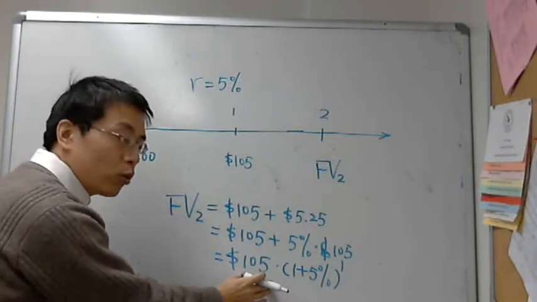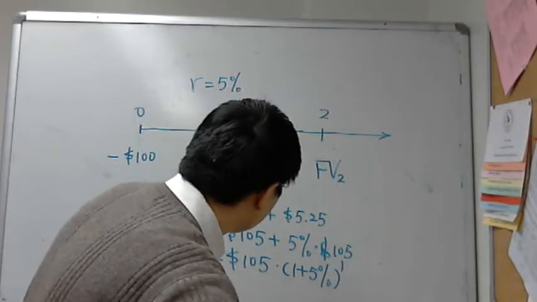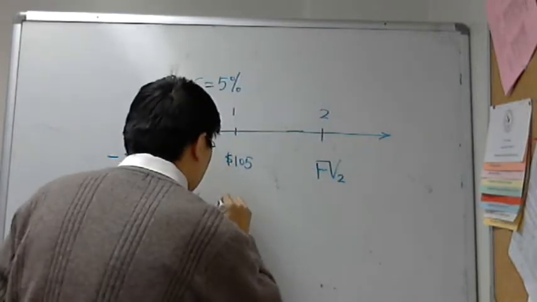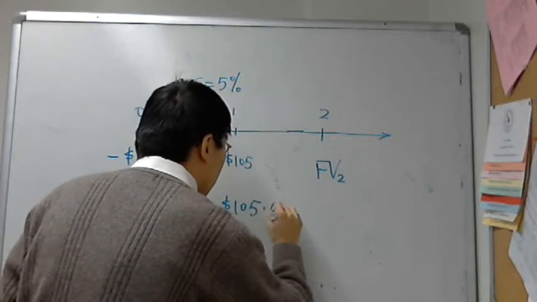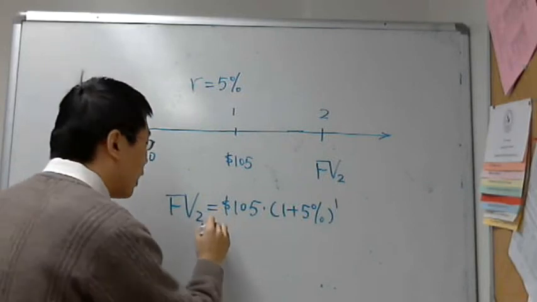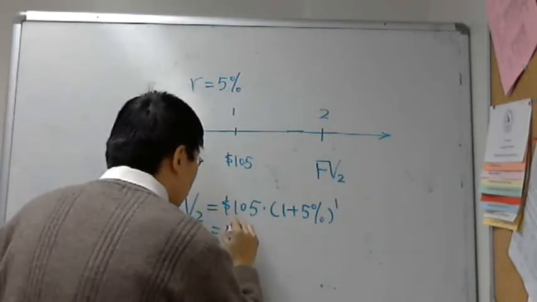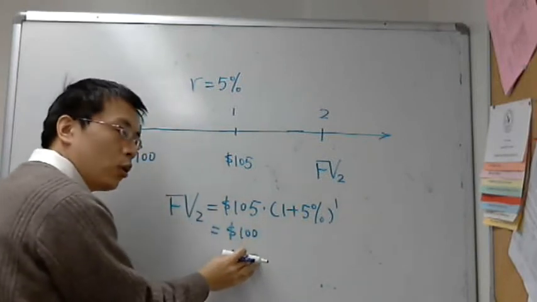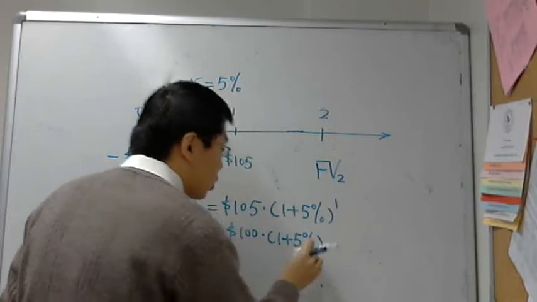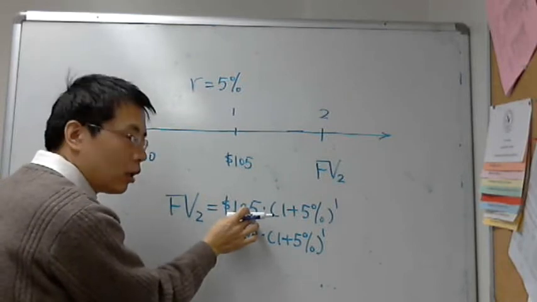Now think about this 105. How did we get this 105? Now the 105 is the ending balance by the end of year 1. It comes from the original $100. The $100 will earn 5% for 1 period. So that's how we get this 105.